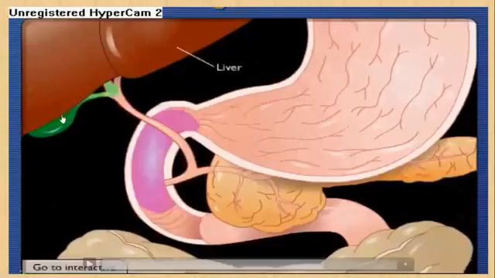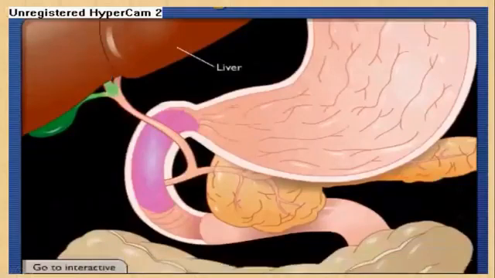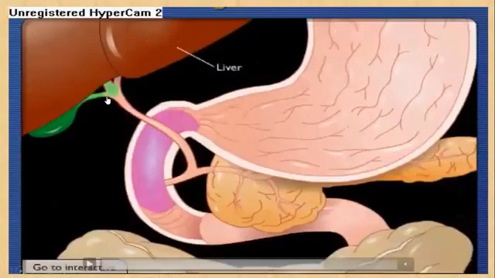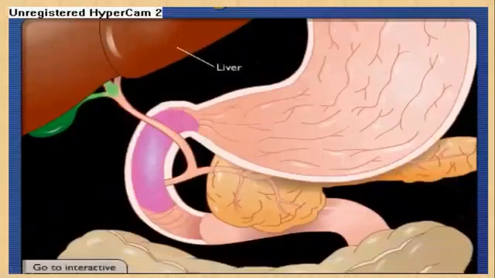Yellowish green bile also has some salts, that is sodium taurocholate and sodium glycocholate. Now we see the digestion after secretion of bile.